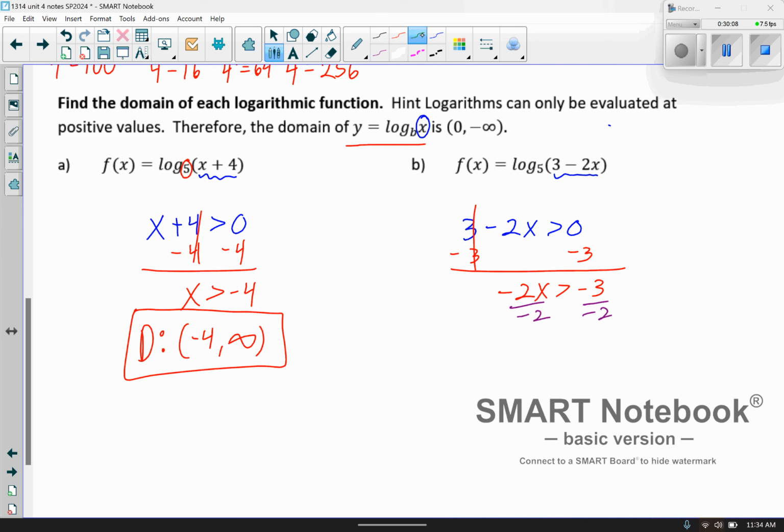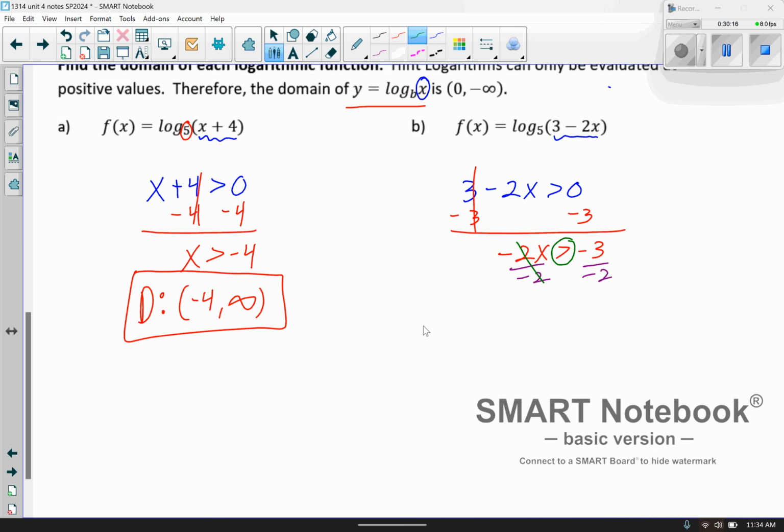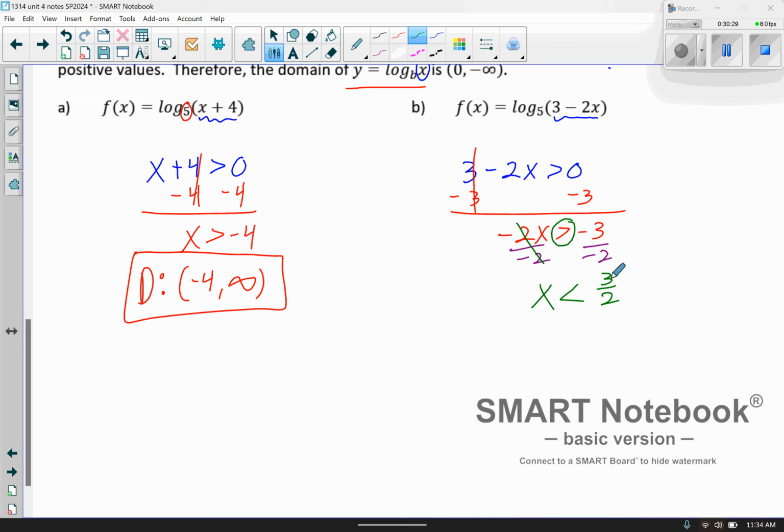By the way, I meant inequality, not expression. What's going to be different here is when I divide by a negative, I have to reverse the direction of my inequality. So this will become x is less than, those double negatives will cancel out, positive 3 over 2. So all my x values need to be less than 3 halves.